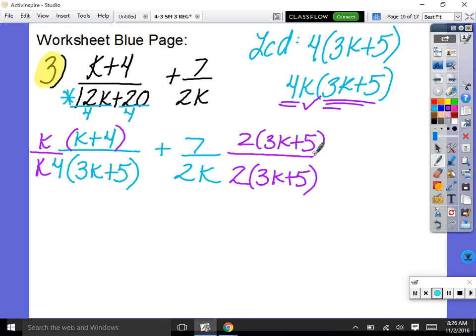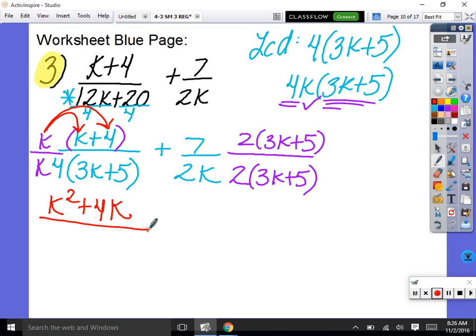Okay, let's start multiplying this out here. So let's focus on this front piece. K times K is K squared. K times positive 4 is positive 4Ks. Now let's actually not multiply it out, but let's put it in a pretty order on the bottom.